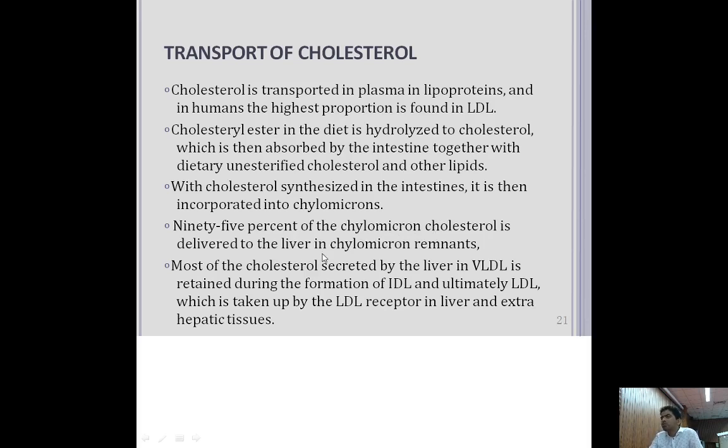For now, remember this much only: the cholesterol and cholesterol ester we eat, plus new cholesterol synthesized in the intestine, gets incorporated into the chylomicron, which delivers it to the liver.